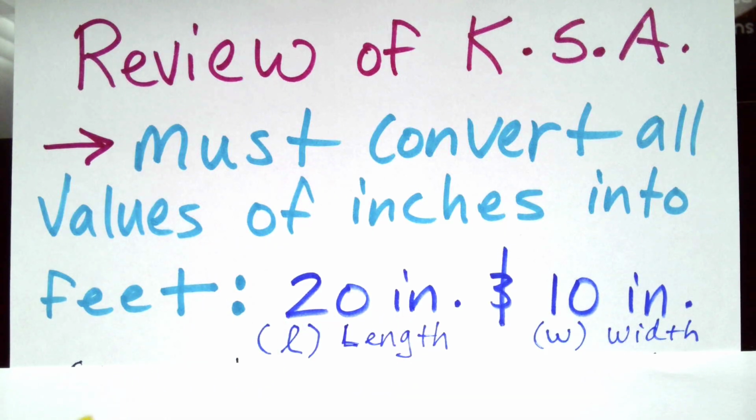I know there are 12 inches equal to 1 foot, or 1 foot over 12 inches. That's a ratio, 1 over 12, and you would multiply each of these values by it. Anything times 1 is itself.